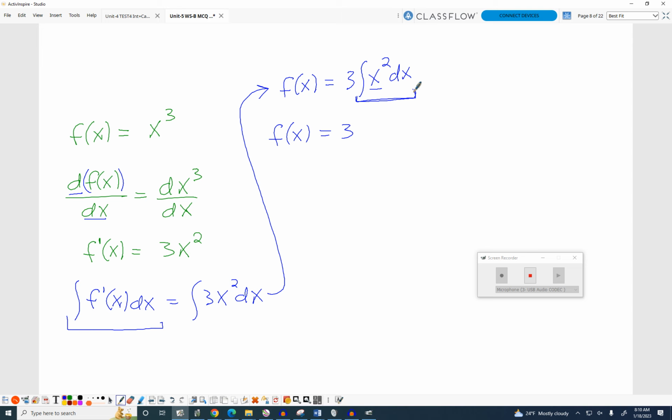So the rule sheet says the antiderivative of x to the n dx is the same thing as x to the n plus 1 divided by n plus 1 plus a constant. So we're trying to make sure that this is an exact match for this. So what's n in our case, Matthew? Is it 2? So the n is 2.